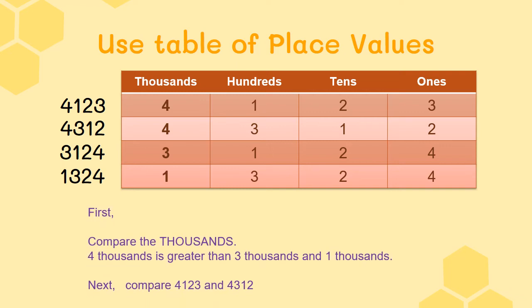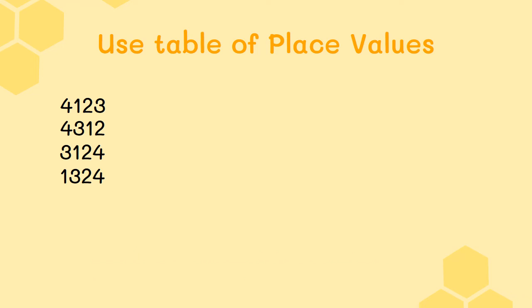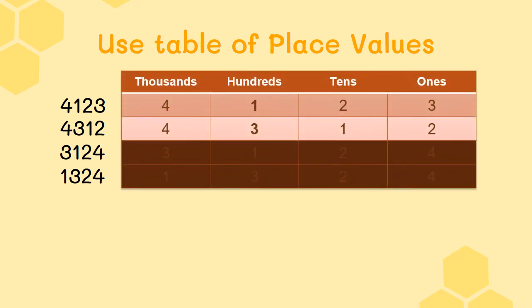So next we only compare 4,123, 4,312, only the 2 numbers. Okay, now we compare the hundreds place. Look at the table, the hundreds place 1 and 3.